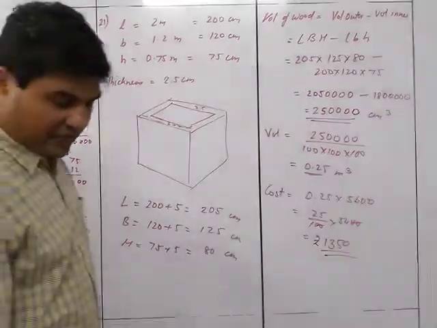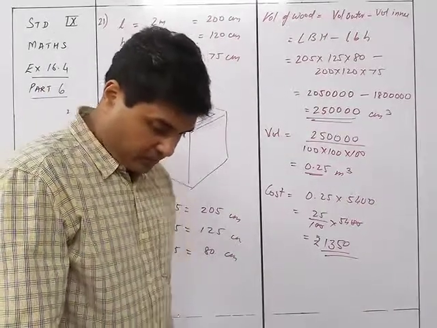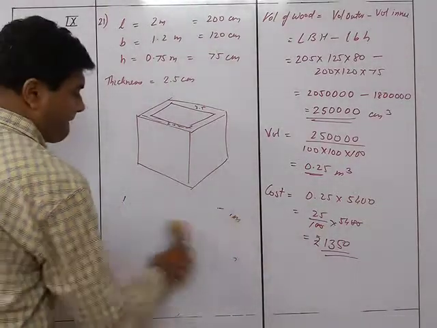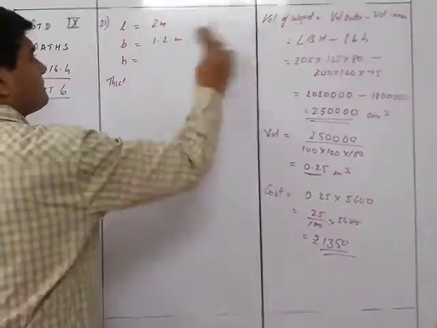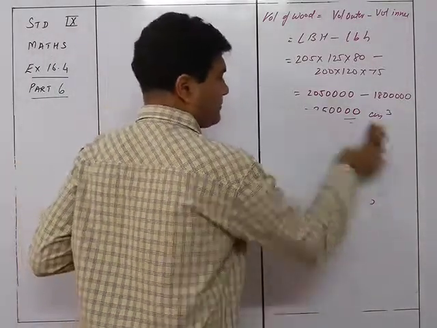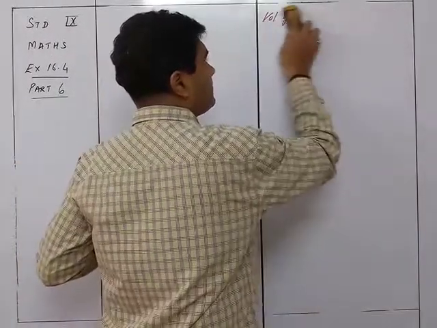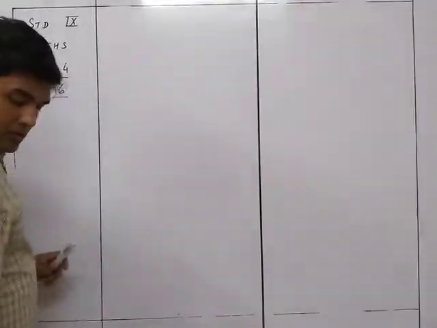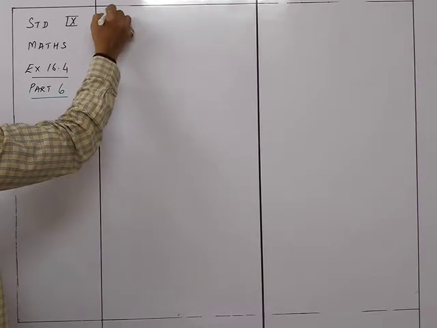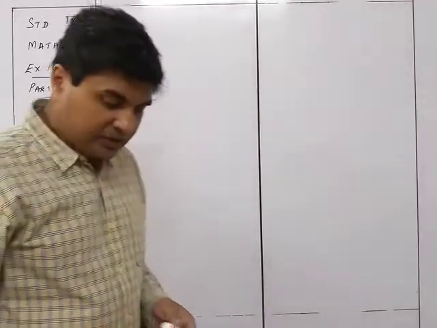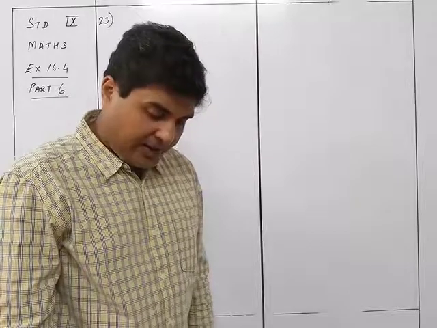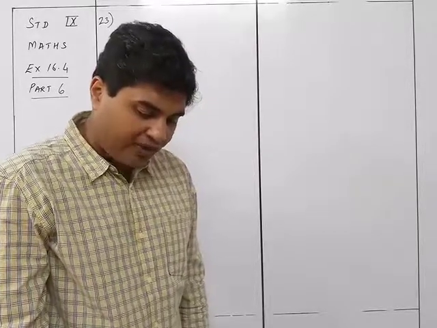We now move on to sum number 23. A square brass plate of side x centimeters is 1 mm thick and weighs 4725 grams.